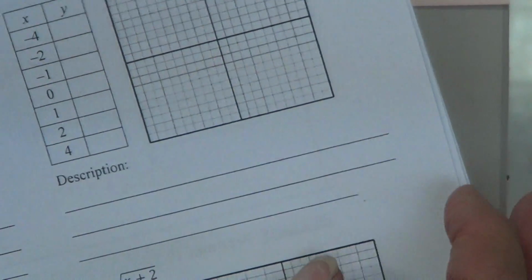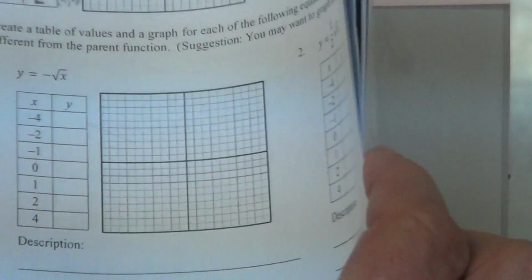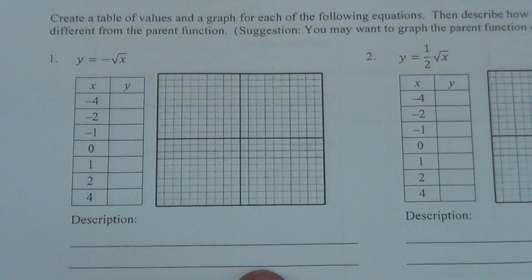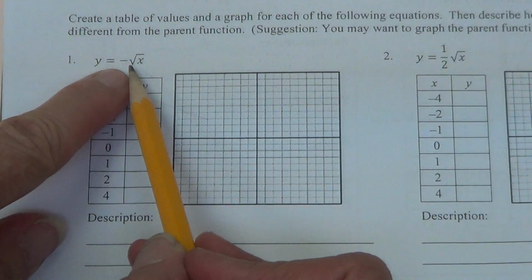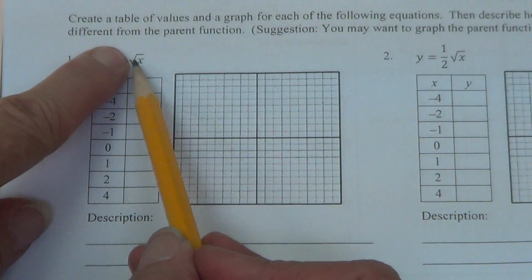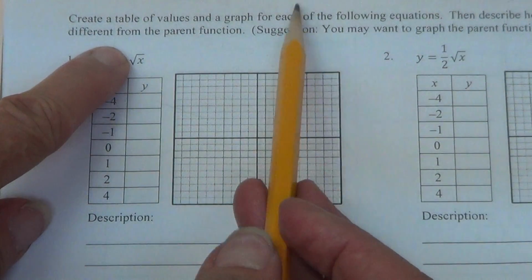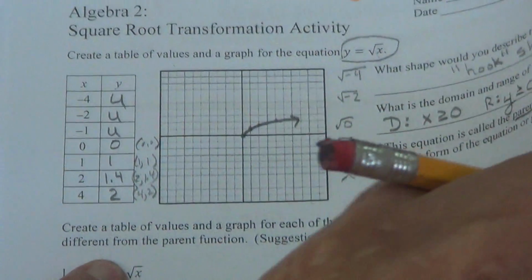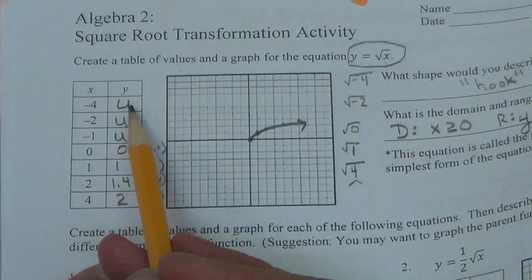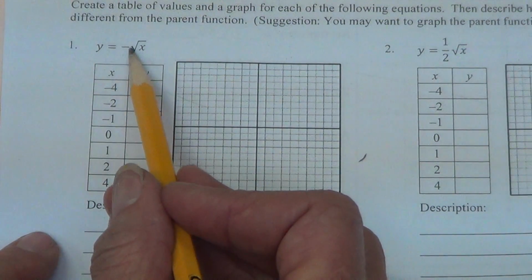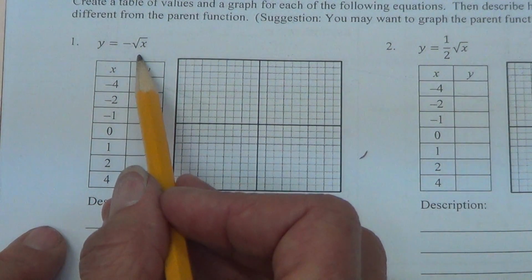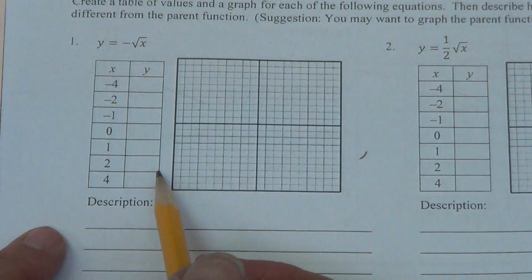Okay? So now we're going to look at what happens when we put a negative out front. If you have a negative, what you had before was just square root. So from up above, you did just the square root and got these answers. Well, if you have a negative out in front of that, that's like taking a -1 times each of those answers.